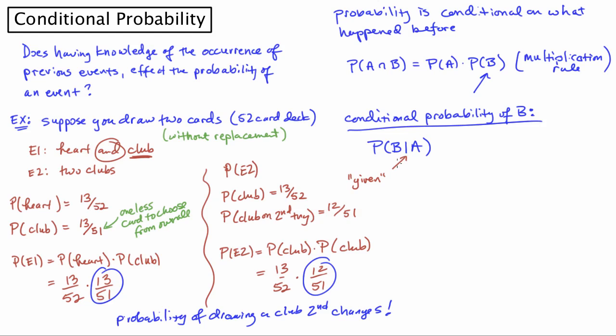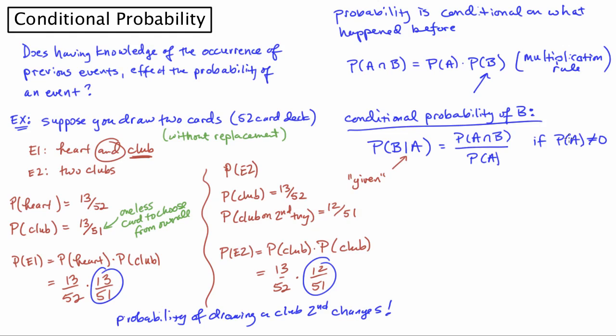So it's the probability of B given that A has occurred. And the formula for this is the probability of A and B occurring simultaneously divided by the probability of A occurring, and this is only if the probability of A is non-zero, because we can't have a zero in the denominator.